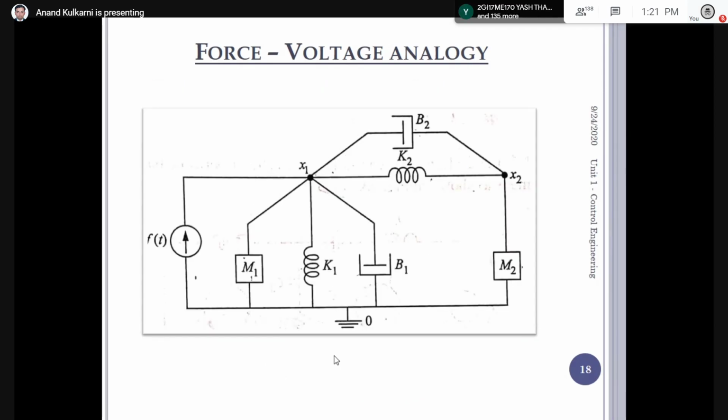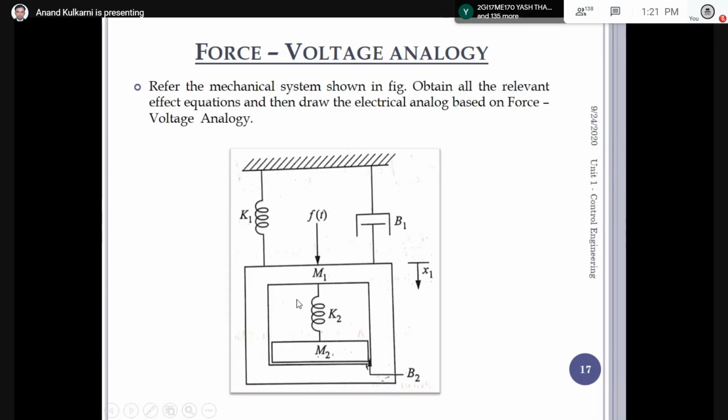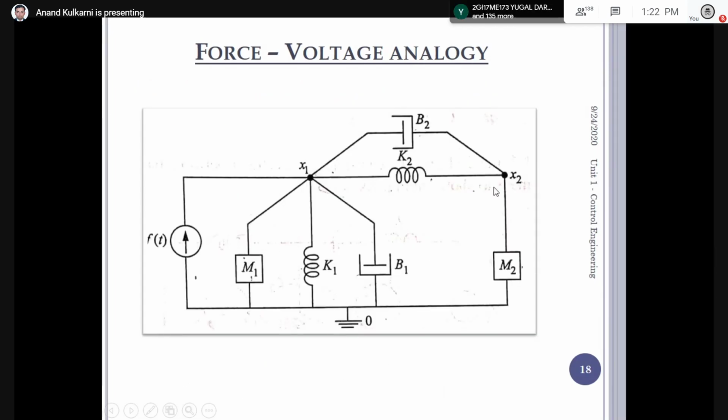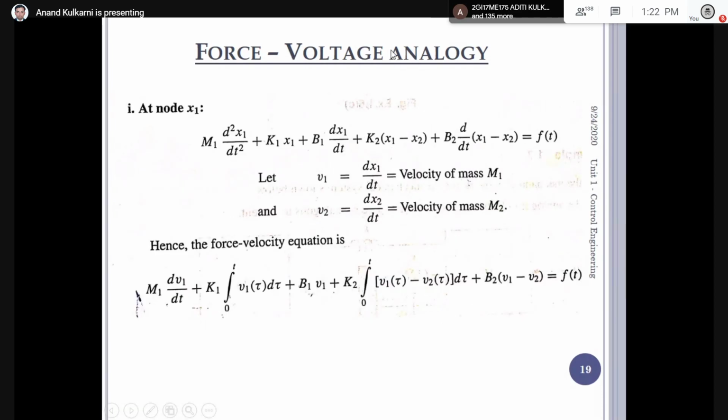Corresponding to this, there are 3 interactions: one spring, one mass, and a damper. So there are 3 interactions at x2 and 6 interactions at point 1. Once we have done this, we have to write the equation for the displacement. So we have written the displacement equation.